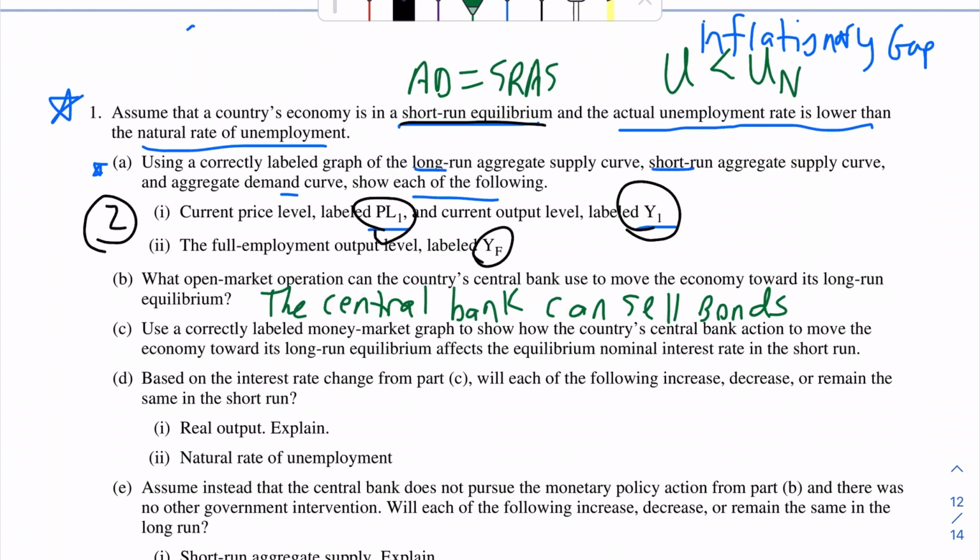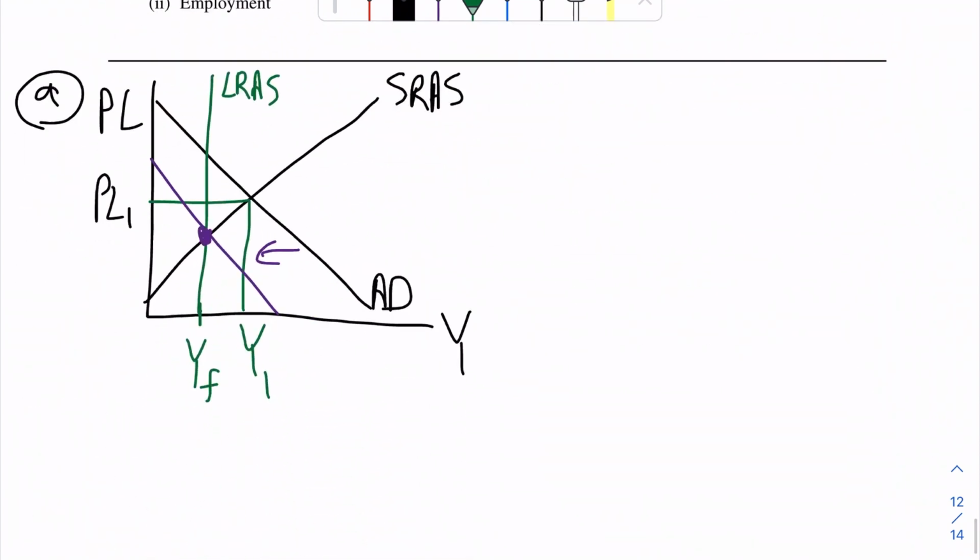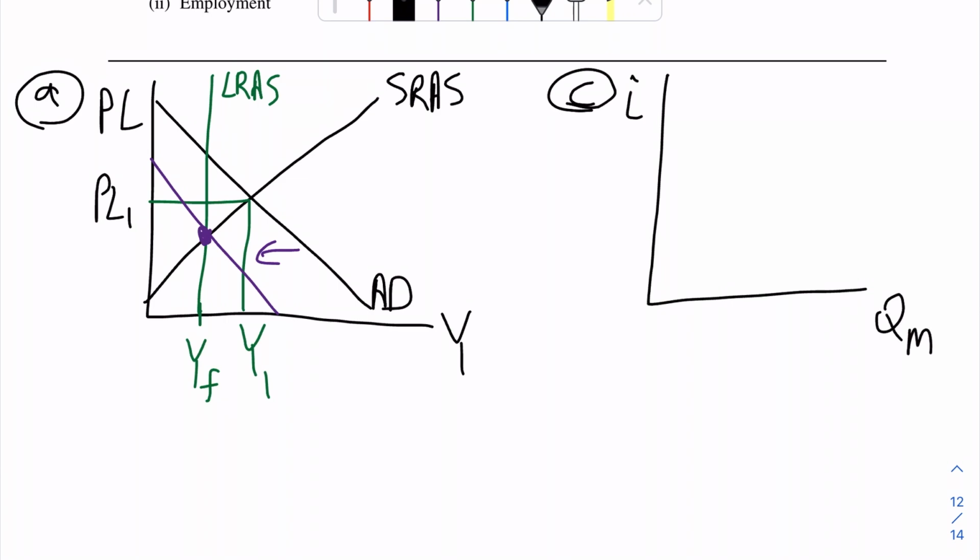Using a correctly labeled money market graph, show how the country's central bank action to move the economy towards the long run equilibrium affects the equilibrium nominal interest rate in the short run. For part C, what we're looking for is the money market graph, with the nominal interest rate, the quantity of money, the money demand curve, and the money supply curve.